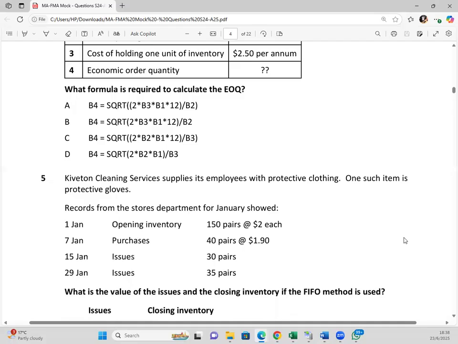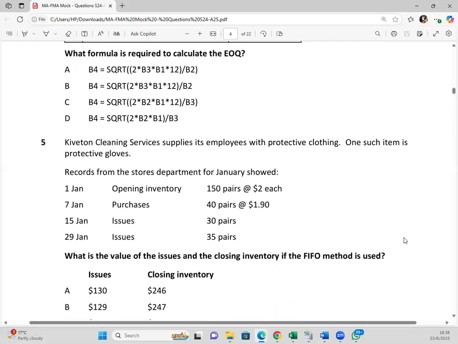Now let's move on to the next question. The next question is saying, Chiefton Cleaning Services supplies its employees with protective clothing. One such item is protective gloves. Records from the stores department for January showed the following.